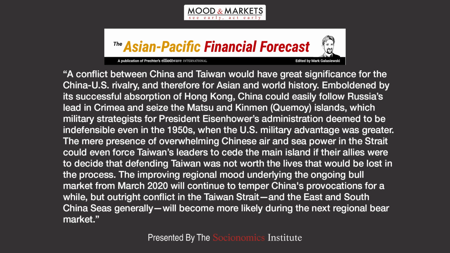Emboldened by its successful absorption of Hong Kong, China could easily follow Russia's lead in Crimea and seize the Matsu and Kinmen or Quemoy Islands, which military strategists for President Eisenhower's administration deemed to be indefensible even in the 1950s, when U.S. military advantage was much greater.